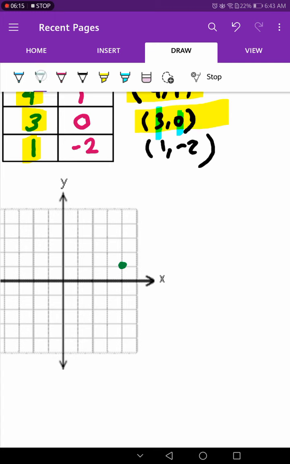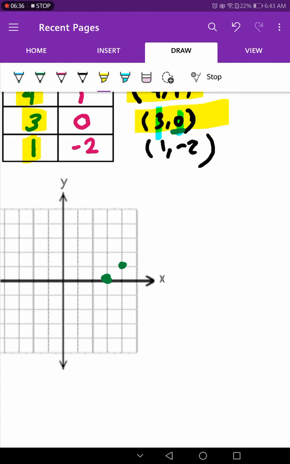So again, 3 to the right, 1, 2, and 3 here. And how many steps up or down? No, don't move up or down. Stay in the same place. So this is the second ordered pair.